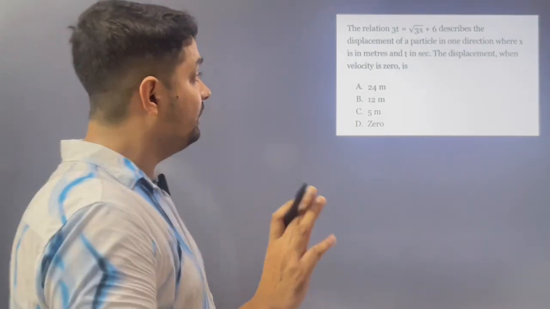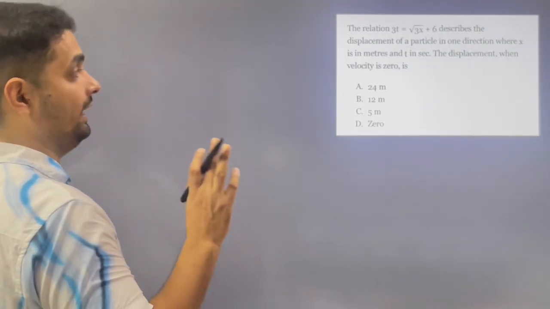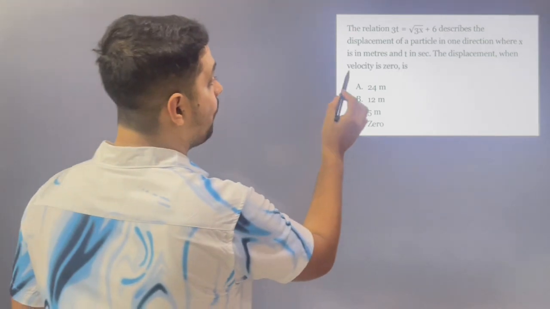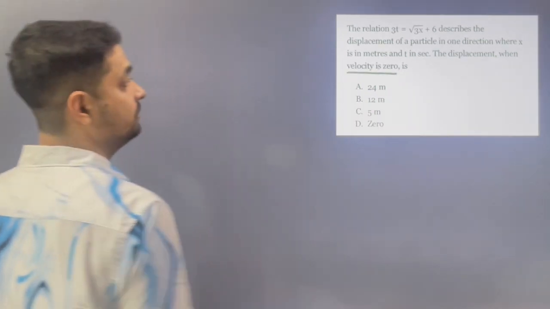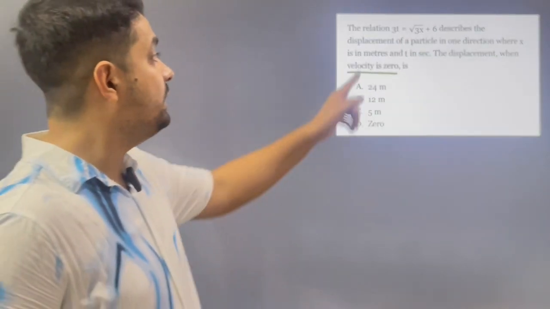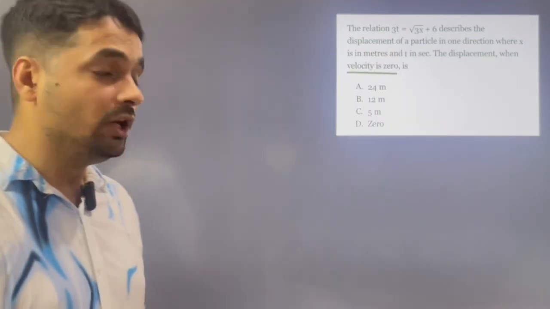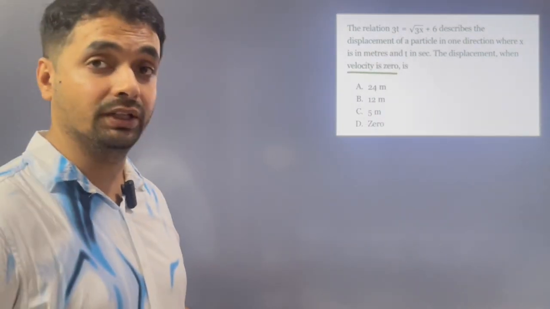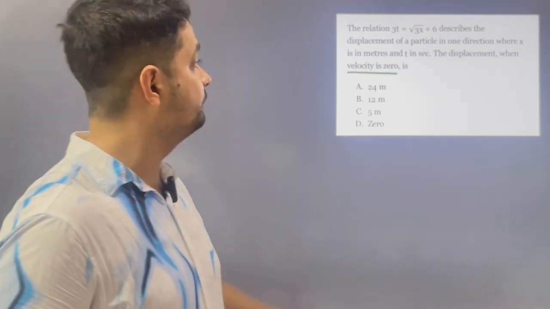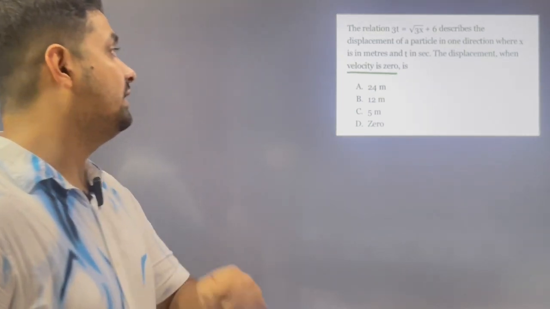See here, in this question, what do we have to catch? We have to just catch that velocity is 0. Now here the equation is the relation between time and displacement. So first we have to find velocity from this, and then we will make it 0. Then we can find the displacement.